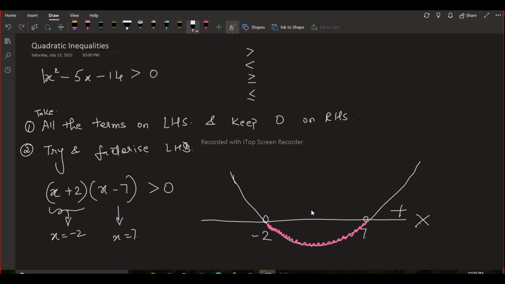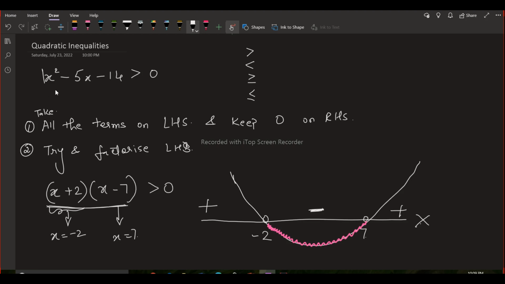Once the root comes, you change the sign to negative, and here it's again positive. So when you put a value of x greater than 7, this expression will always be positive. When you put a value less than minus 2, this expression will always be positive. And when you put a value between minus 2 and 7, this will always be negative.